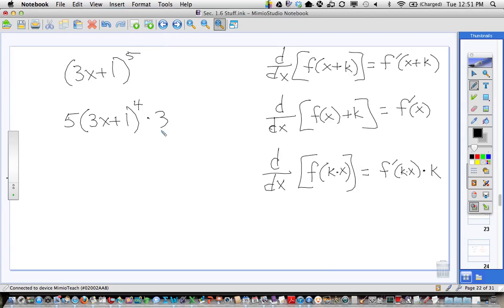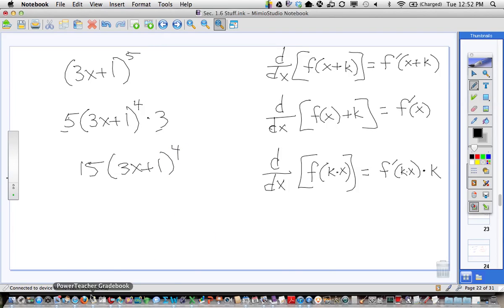And then another 3 kicked out. Because that plus 1 is in there for the shift, but we don't care about that. We take care of that by just leaving our inside the same when we do our derivative. But that 3 that's being multiplied on the x there is going to cause a compression, so we got to kick out a 3. Now we should go ahead and simplify that a little bit. The 5 and the 3, put a 15 out in front, 3x plus 1 to the 4.